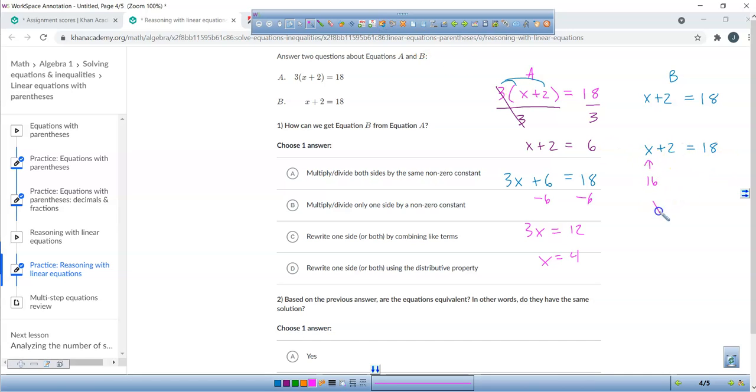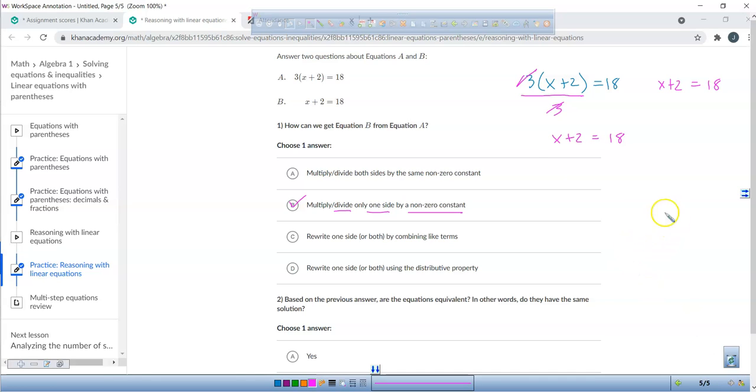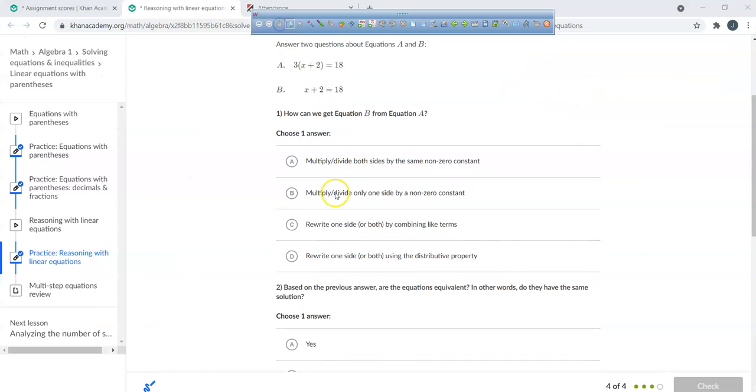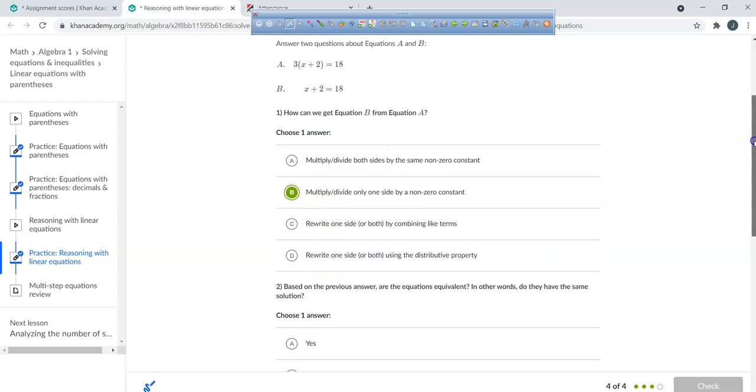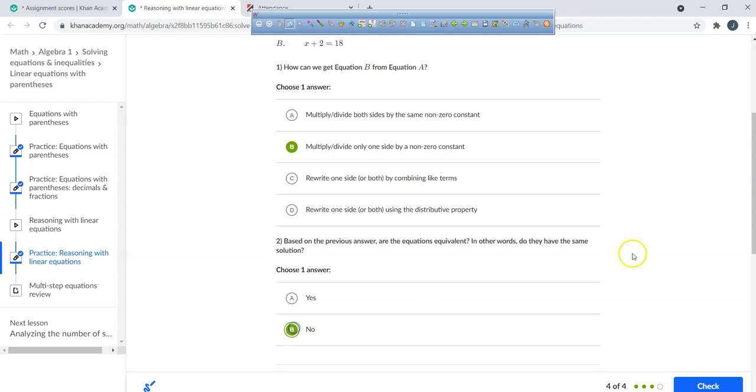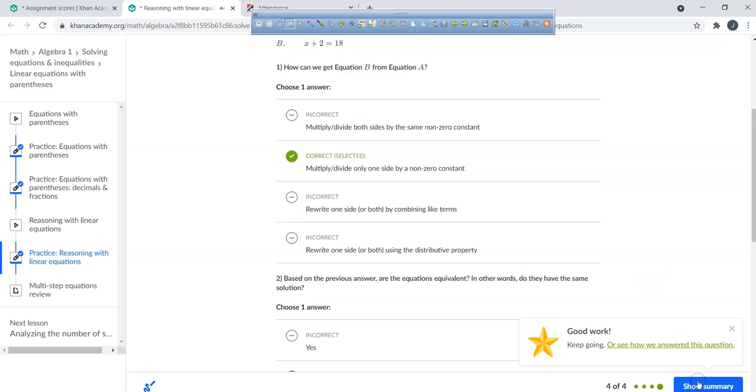So if you subtracted 2 from both sides, you get x equals 16. Well, 4 and 16 are not the same answer. So in order to get equation B from equation A, I would have to divide both sides by 3, which is only dividing one side. So my final answer is I only do one side, not both sides. And no, these are not the same solution.